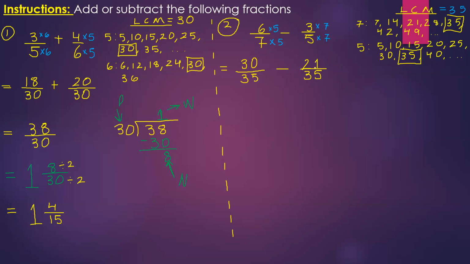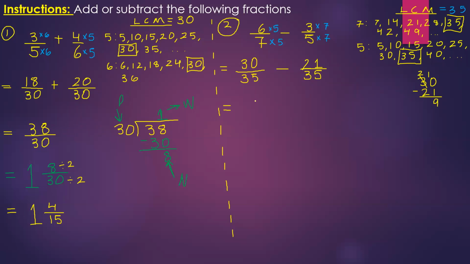All right, now what do we do at this point, Olivia? 30 minus 21. Very good, so we subtract 30 and 21, which is 9. 10 minus 1 is 9, and 2 minus 2 is 0.